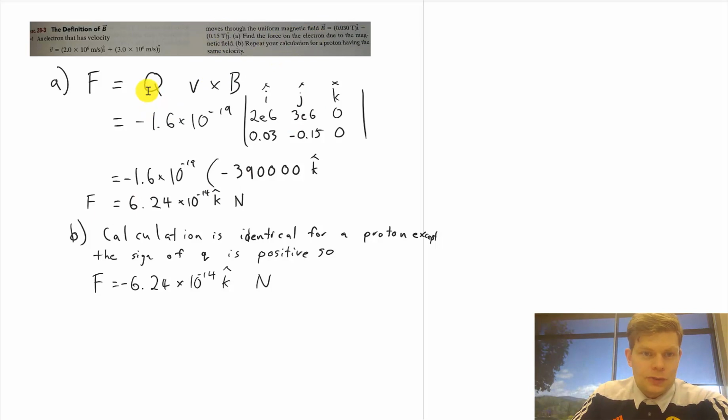If we want to find the force, we just do again our q v cross B. It's an electron, so it's -1.6 times 10 to -19 for q, and then we can do v cross B. Notice there is no k component again, so again our answer will only be in the k direction, because both of them don't have k.